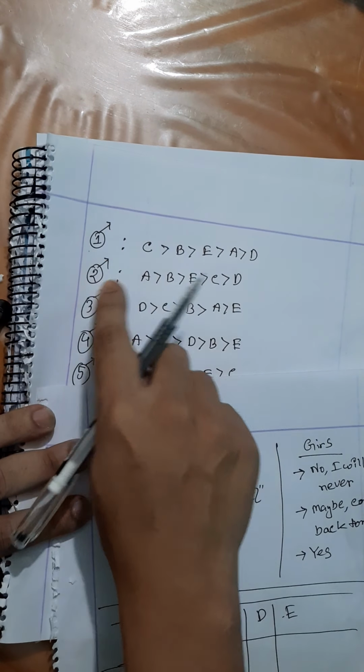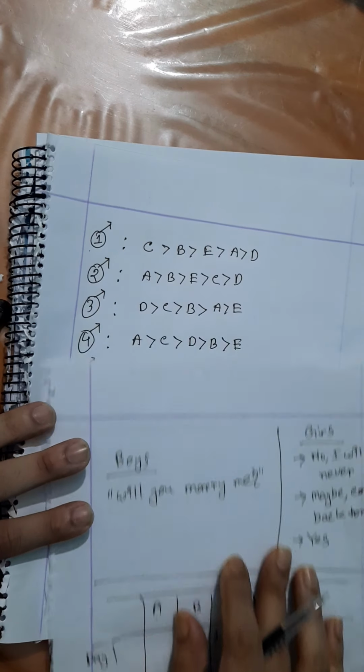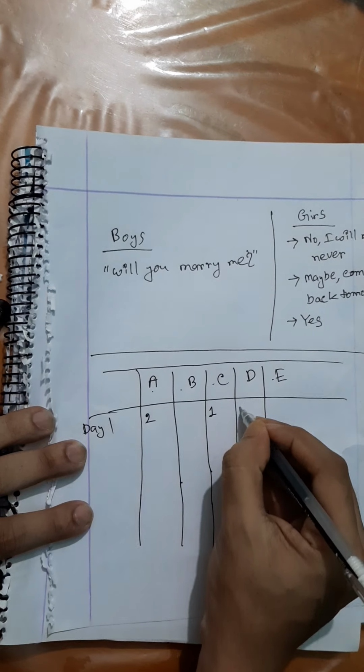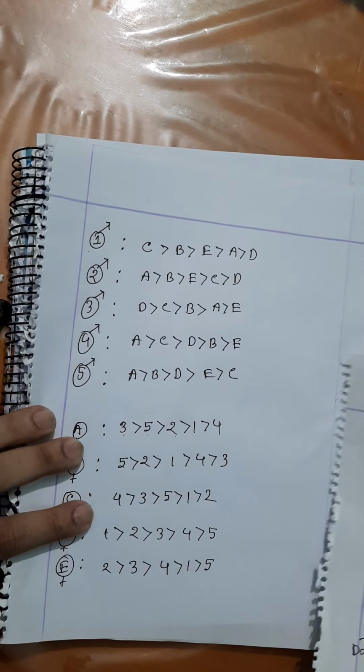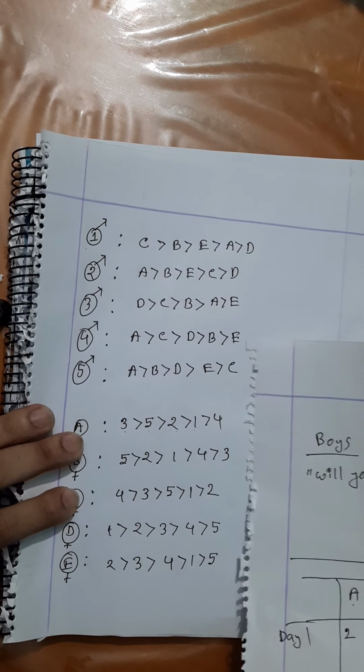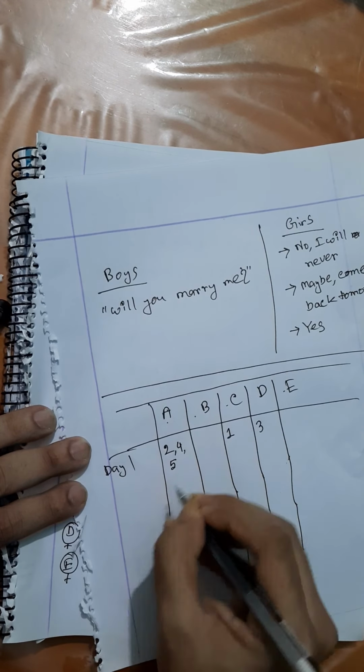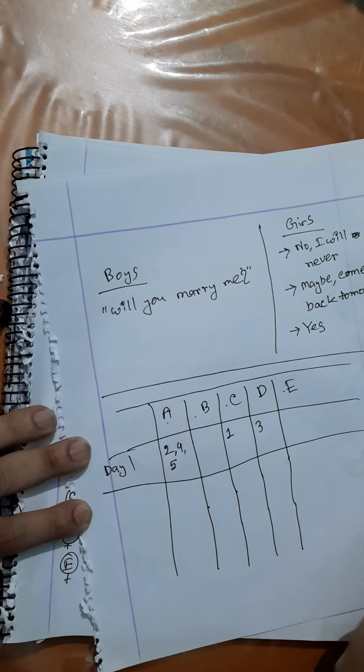Boy 2 will go under A, 3 to D. 2 will go under A's balcony, so we'll write 2. 3 will go under D's balcony, and 4 and 5 will also go under A's balcony. So here we have 4 and also 5. This is the situation.